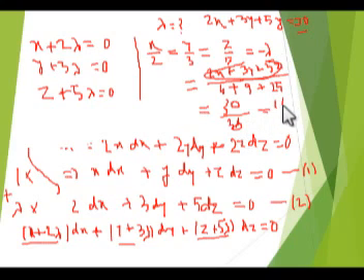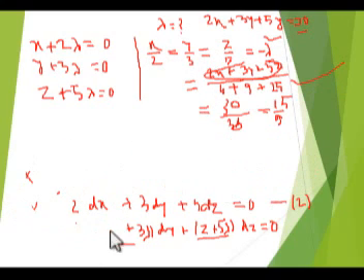So this will be 15 by 19. Here we will get all these values from this. This is the Lagrangian method to determine the undetermined multiplier. So here we will get the value of the undetermined multiplier, also the variables. So now we will find out all these variables.